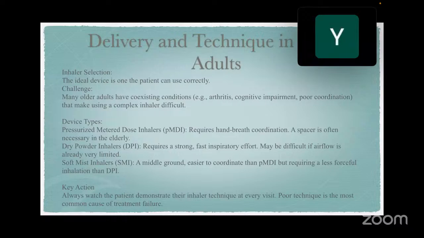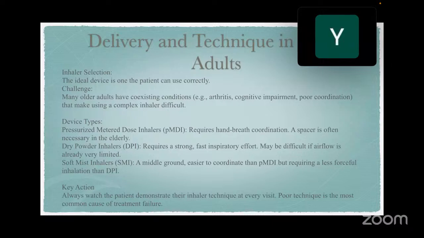We have the pressurized metered dose inhalers, the dry powder inhalers, and the soft mist inhalers. These are all different kinds of bronchodilators that we could use. The most important thing is that we use it accordingly. So if a patient has, for example, arthritis and poor gripping, the pressurized metered dose inhalers are going to be very difficult for them to use.